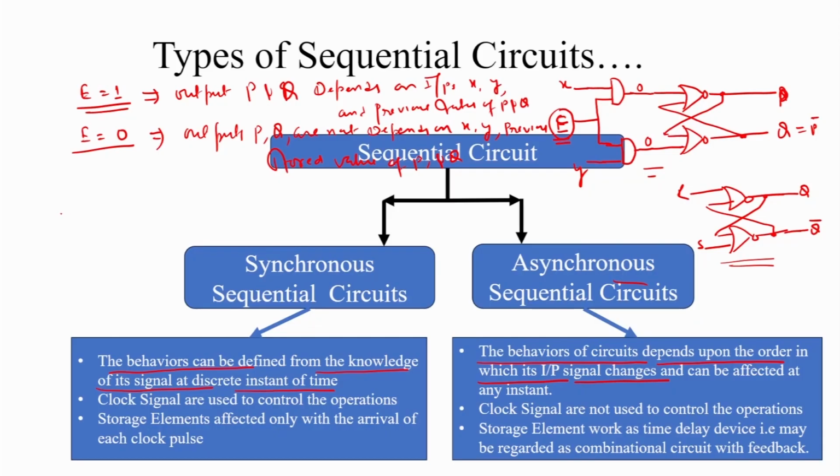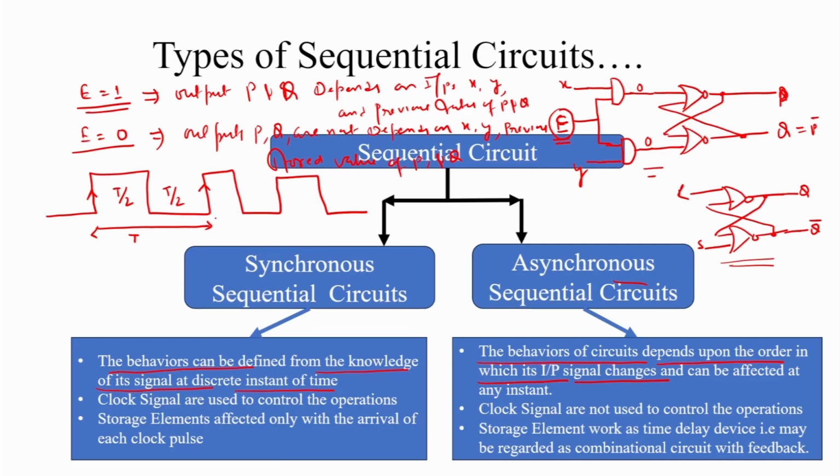So, let us suppose this is a clock, and when the clock is high, this is one complete clock cycle, that is named T. In one complete cycle of the clock, half of the time the clock is high and half of the time the clock is low.